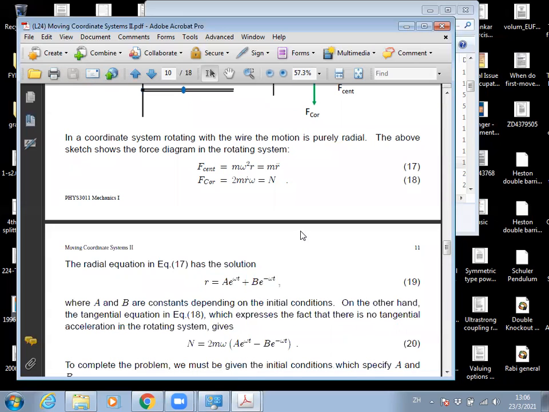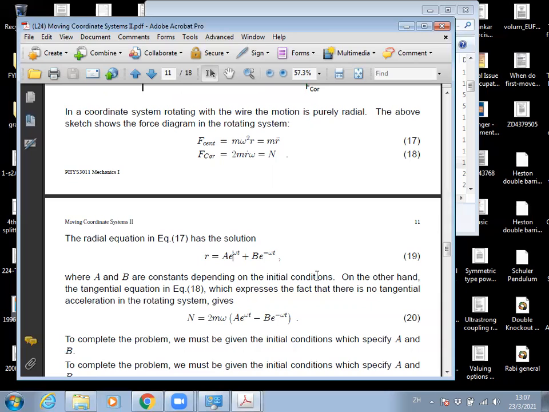So solving the radial equation, we have r equal to a e to the power omega t plus b e to the power minus omega t. I think I missed the i. Oh no, this is correct without the i, because we don't have a minus sign here.